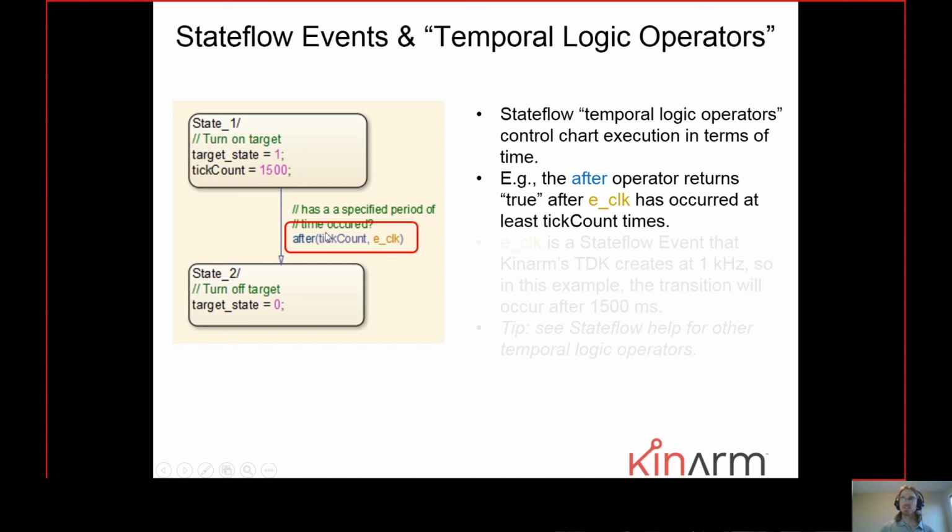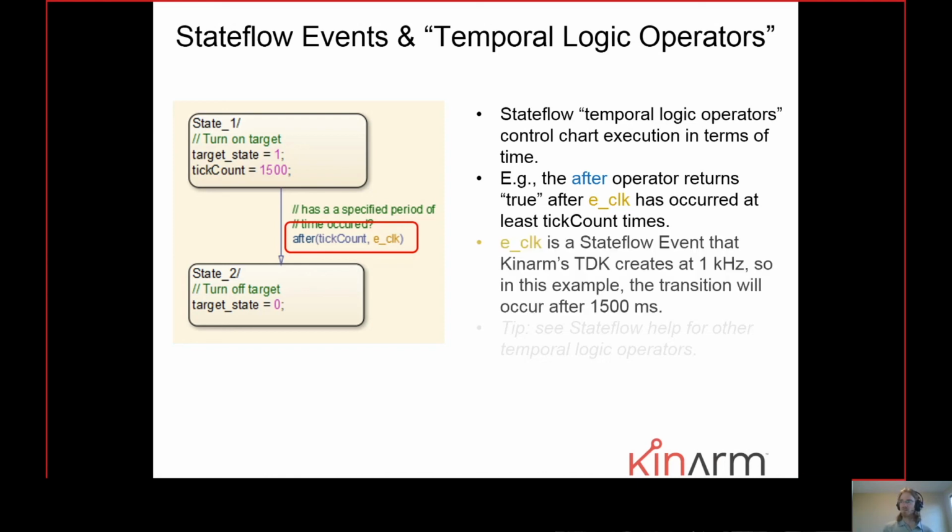Effectively, that means this is a 1.5 second, or 1500 millisecond, wait before we automatically transition to the next state. There are a few other of these operators. After is probably the most useful one, but you can look up what other operators are available to you. It's very common, and by far the easiest way to create a timeout of any sort in your task.